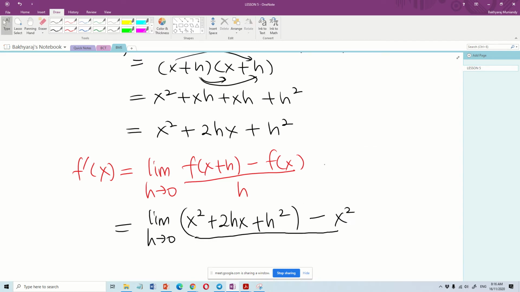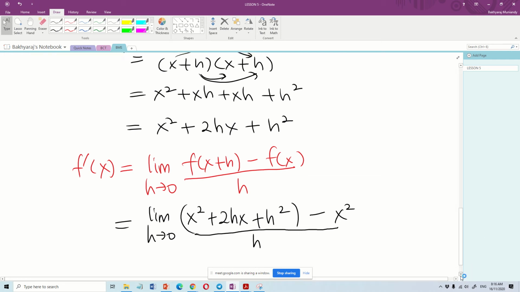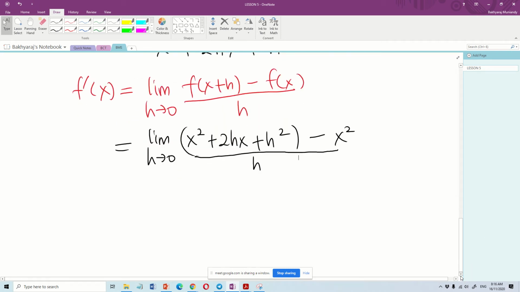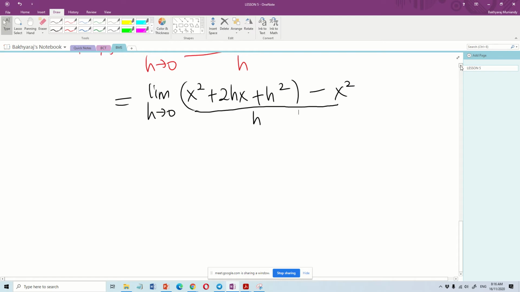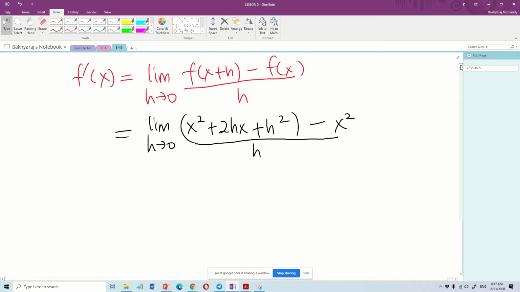Okay, so ini yang kita. Divided by h. Okay, now open bracket and then you simplify the fraction. Okay, simplify fraction.